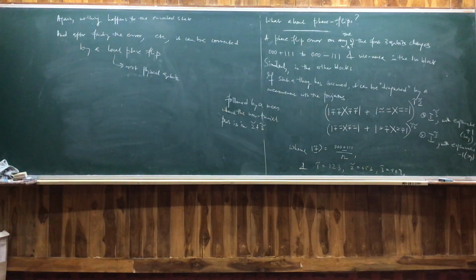Local meaning single qubits, single physical qubit. But we don't know how much we have to flip it. Like in the example you wrote starting in the second line, e raised to something. No, that was an example. We have not considered that error.